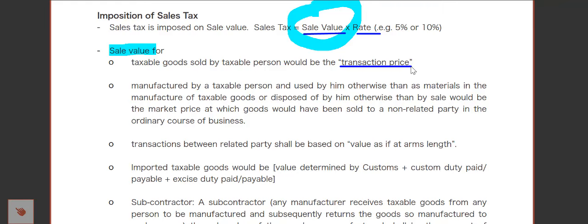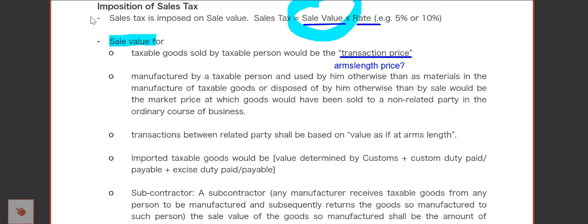But this transaction price is usually the arm's length price. Now, what do you mean by arm's length price? Now, they say it will be the price, the market price, which would have been sold to a non-related party in an ordinary course of business. Okay, so what if you are selling to a related party? You have to apply the same arm's length price as well.